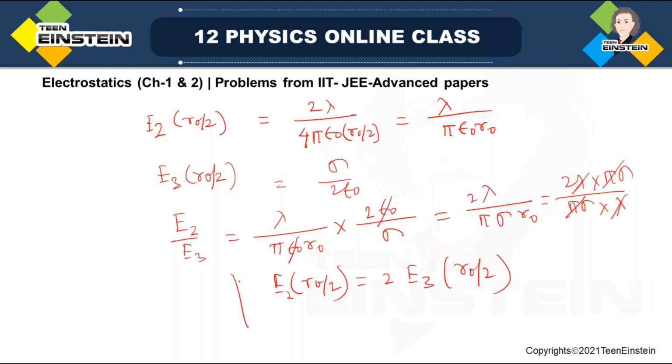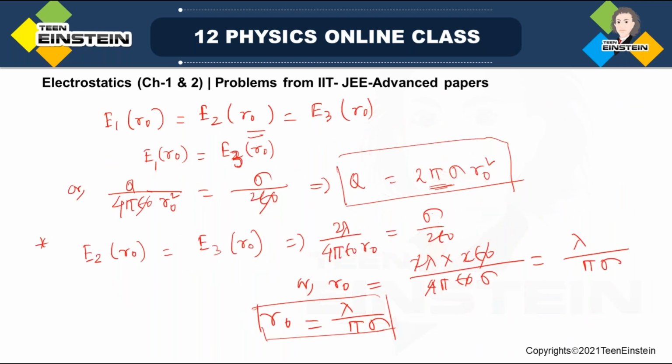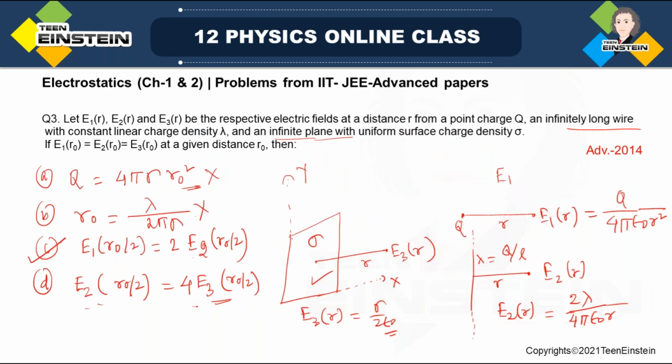That means E2 is twice E3 at position R0 by 2, but the option says it is 4 times E3, which is not correct. Then option C is the only correct answer.